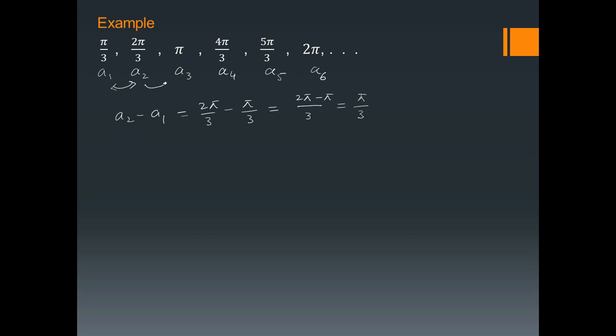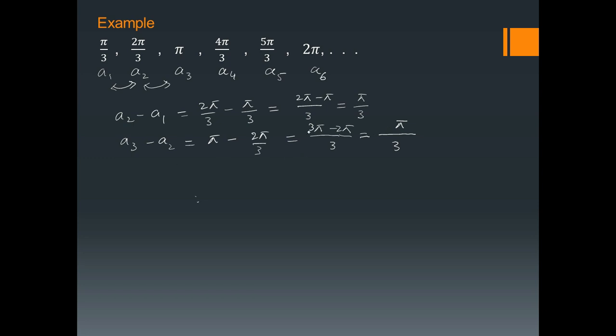Now take this pair, A3 minus A2. So pi minus 2 pi by 3. 3 pi minus 2 pi divided by 3 is equal to pi by 3.